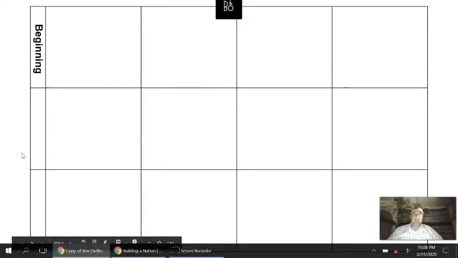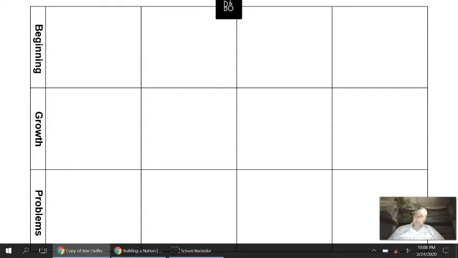So we've got beginning. That's the first 4 eras that we talk about, really the beginning of U.S. history and American history. The second 4 is growth. That's the growth period, and that's what we were right in the middle of when spring break hit. Then everything else, what we'll be doing later in the year, is the problems.